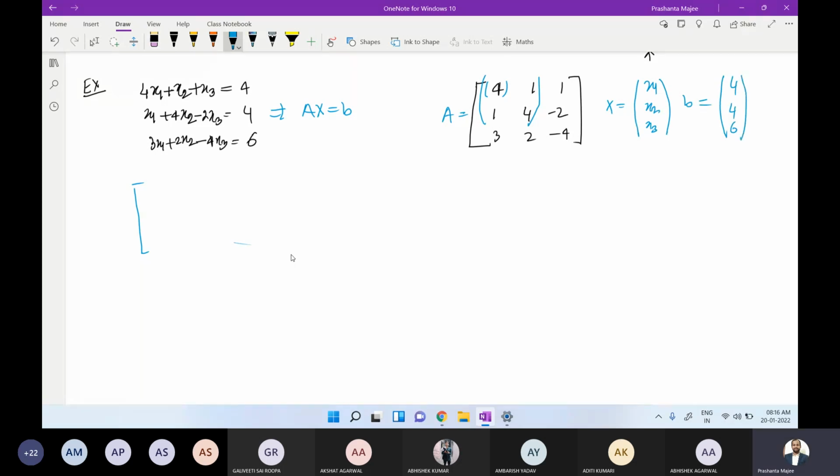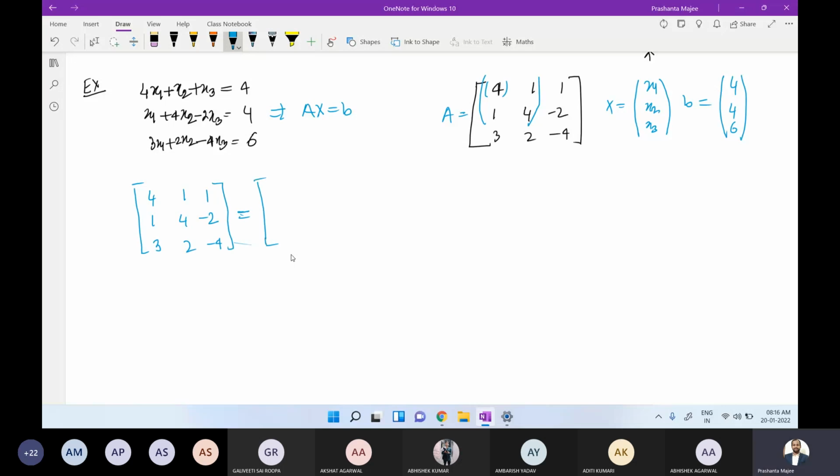So let us suppose A is 4, 1, 1, 1, 4, minus 2, 3, 2, minus 4. That equals the product of a lower triangular matrix and an upper triangular matrix.